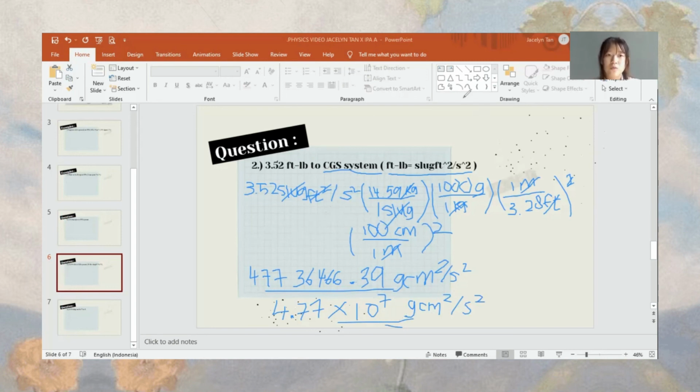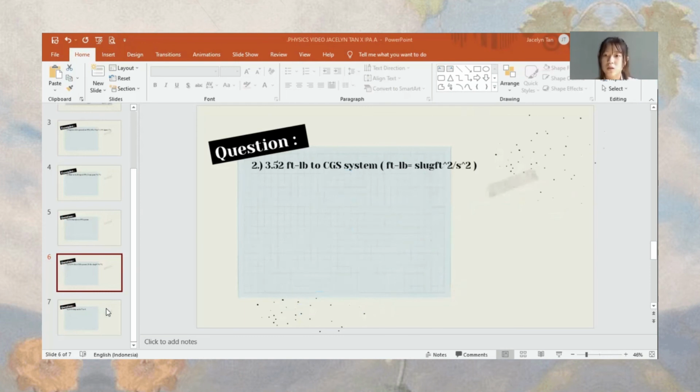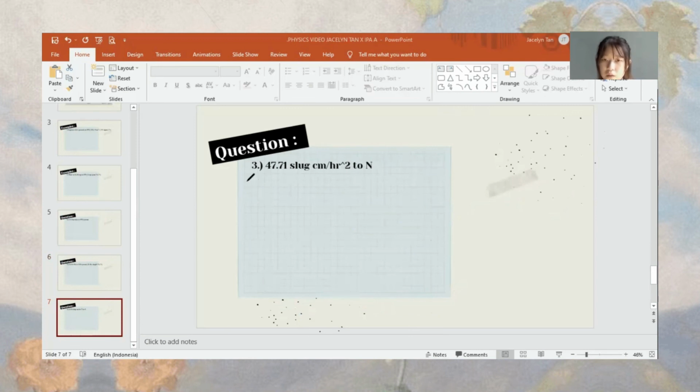Okay, let's move on to the last question. 47.71 slug centimeter per hour squared to Newton. So first we write it down: 47.71 slug centimeter over hour squared.